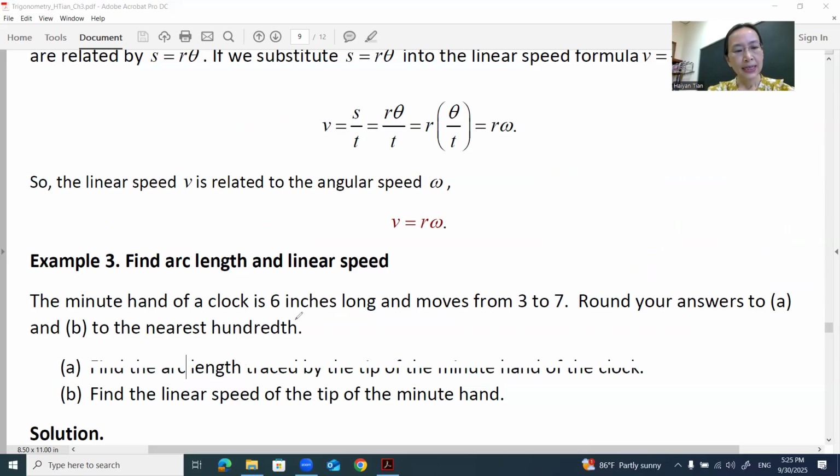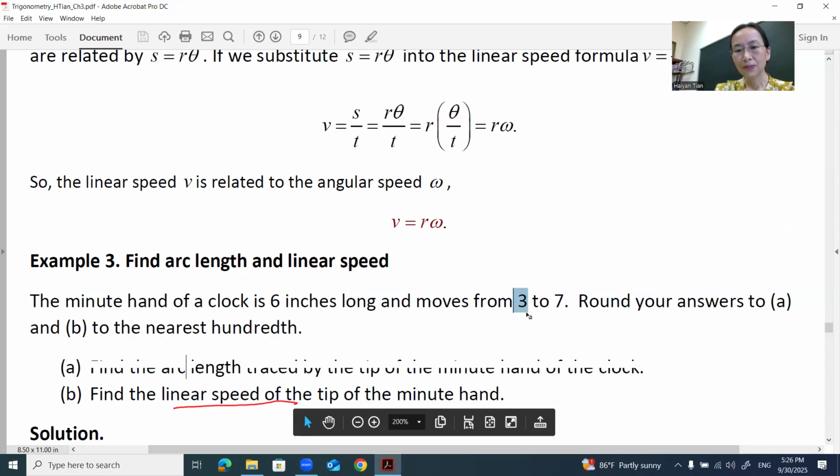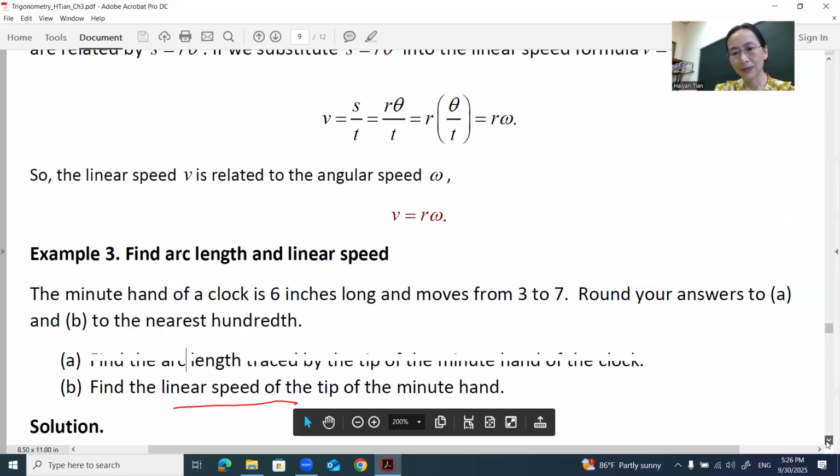After we get that, find the linear speed of the tip of the minute hand. If you know the distance traveled by the minute hand, then how long it takes from 3 to 7, that's 4 minutes, right?